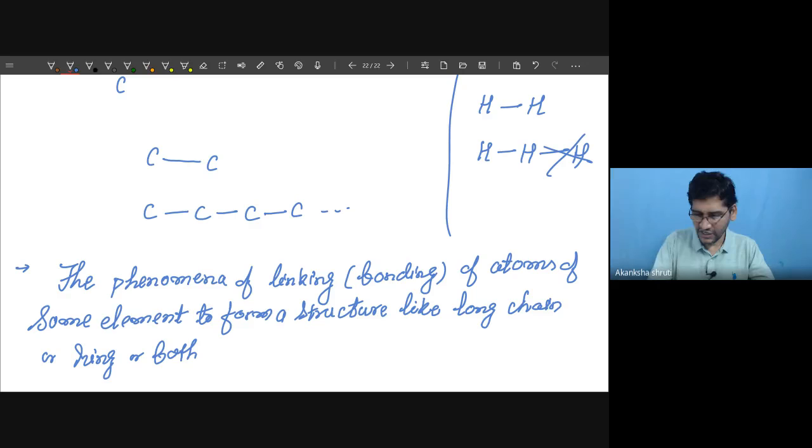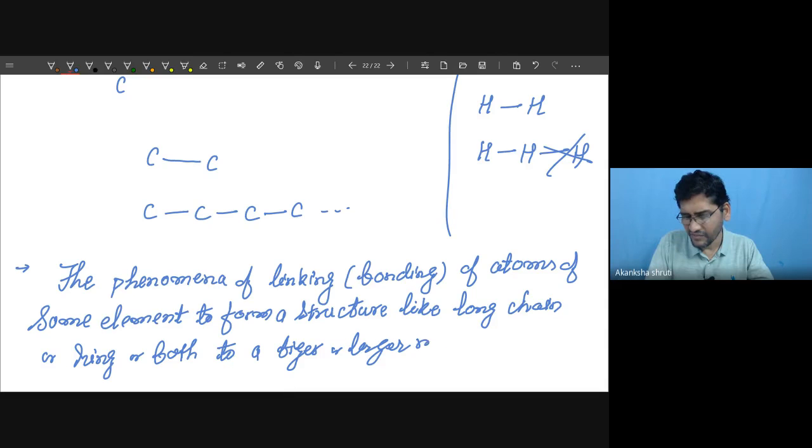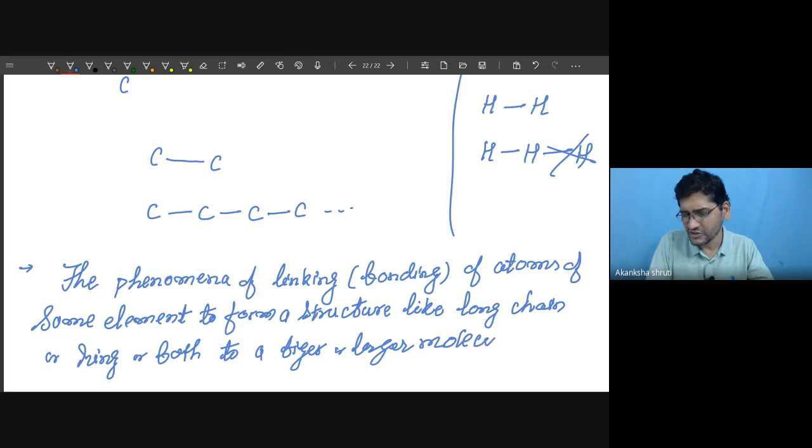This chain and ring will form to give a larger or bigger molecule.